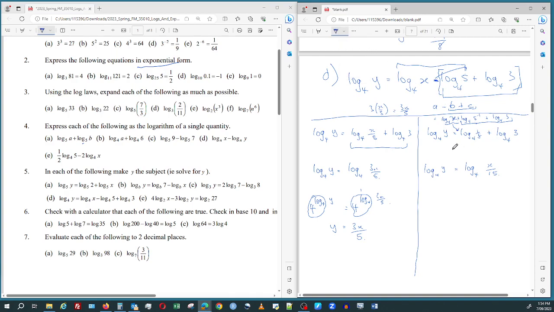So this would be equal to log base 4x. This is now a product. So it's log base 4 3 over 5. And the reason is because this would become 1/5. Now that's a product. 3x over 15. This is the same as the other side. So taking 4 to undo the log. And taking 4 to undo the log.